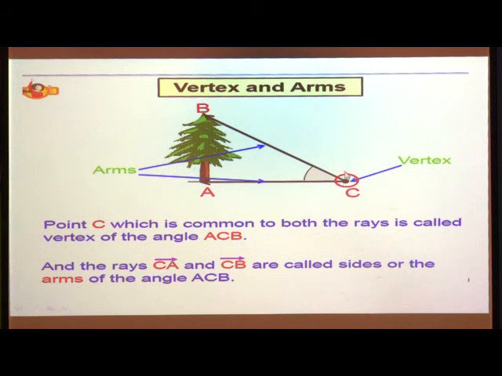These meet at the common point C, which is called the vertex, and these rays are called arms. Point C is the vertex of angle ACB, and the rays CA and CB are called the sides or the arms of the angle ACB.